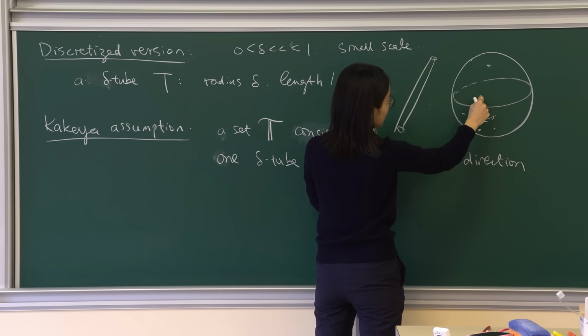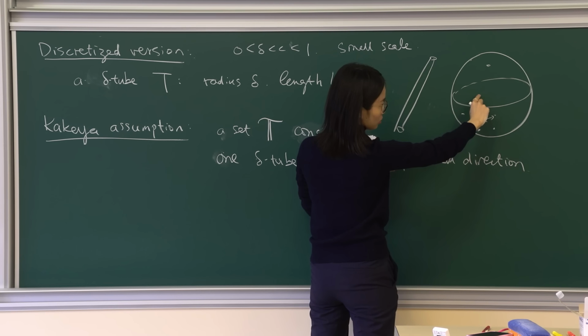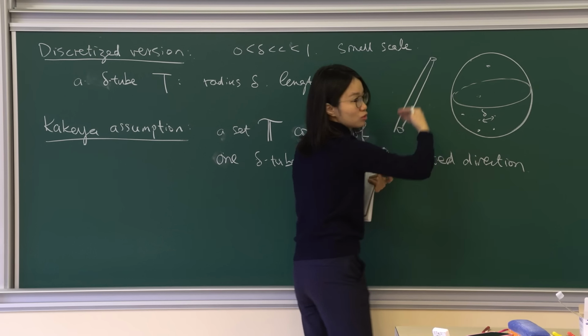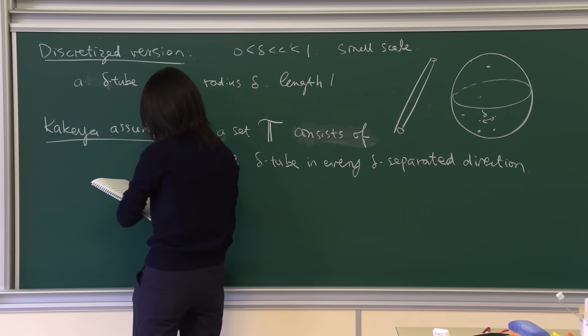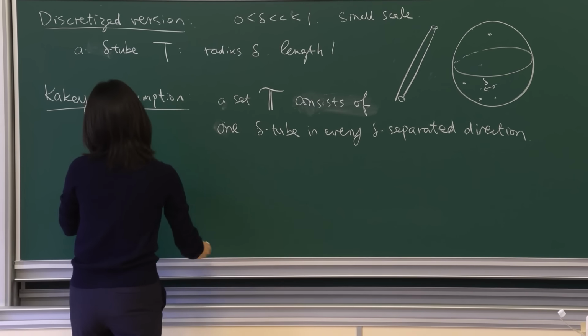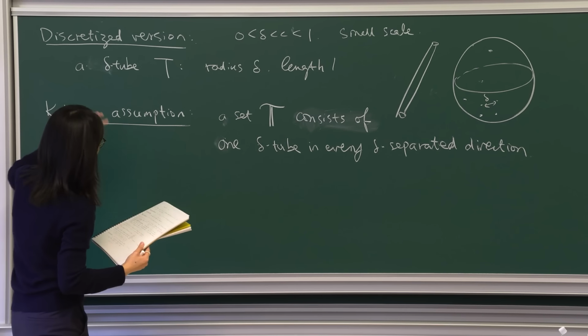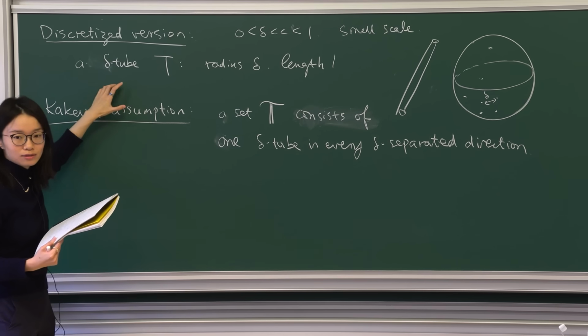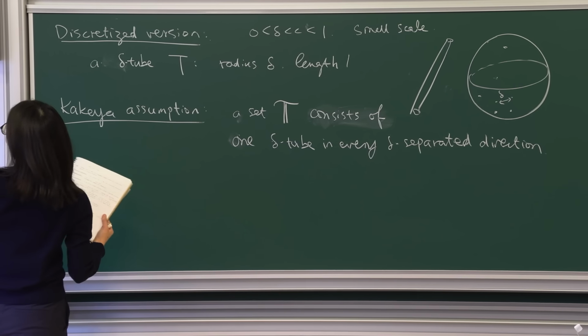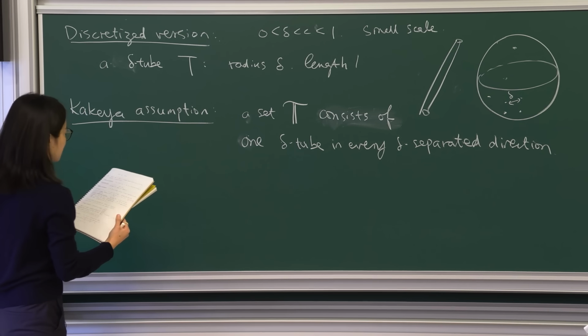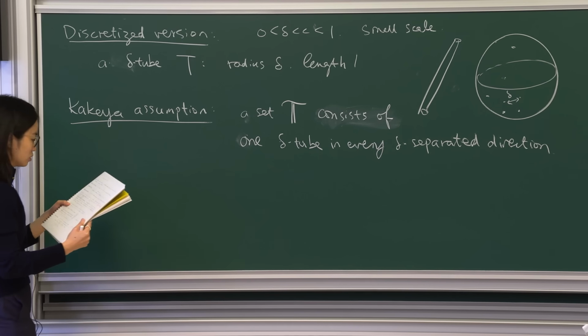For another direction, we take another delta tube in this direction, and also we should feel free to translate it. So we want to state a discretized version that would imply the Kakeya set conjecture in the Hausdorff dimension version.